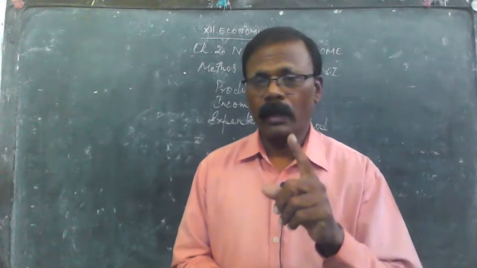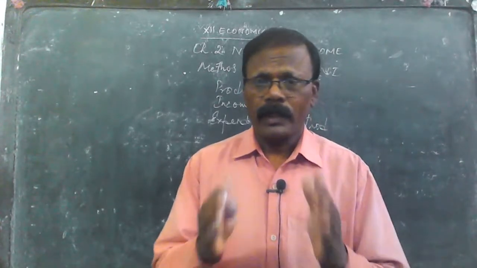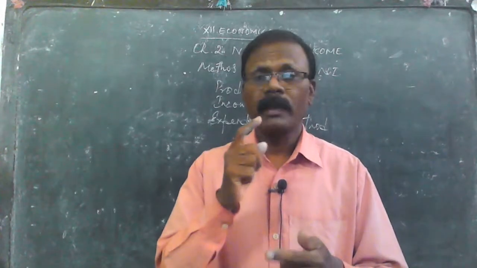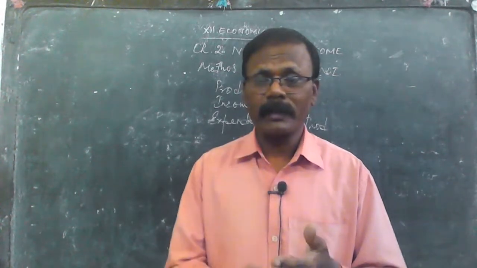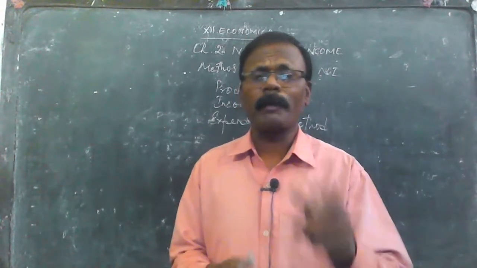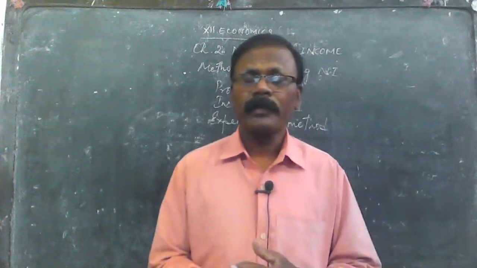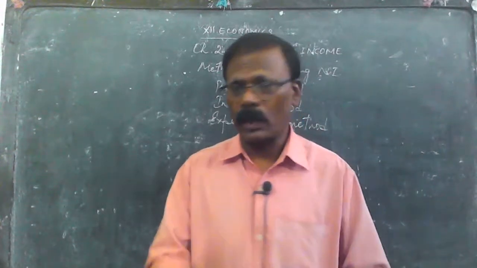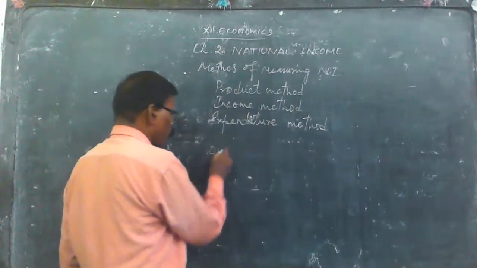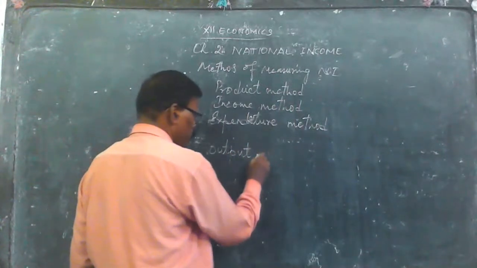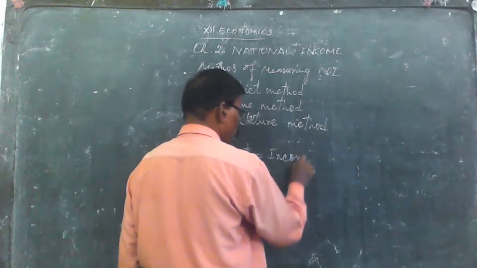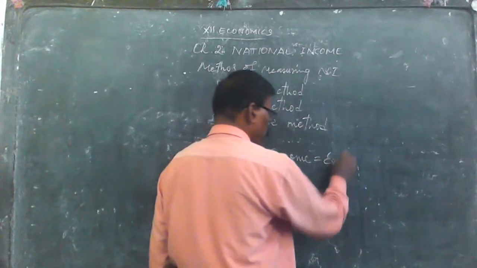Understood? Now, here I told you that there are three methods of measuring national income. One is product method, next income method, then third expenditure method. If all these three methods are done properly or correctly, then the equation must hold in this way. That is, output is equal to income is equal to expenditure.